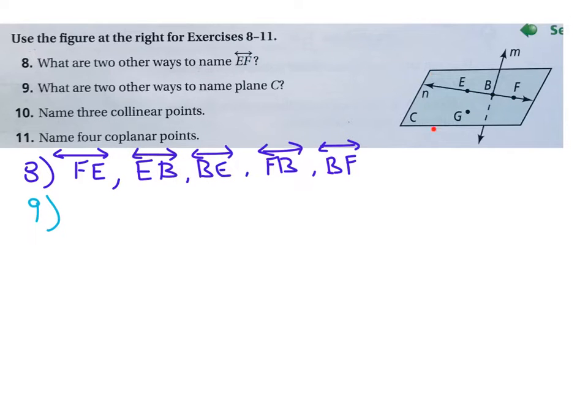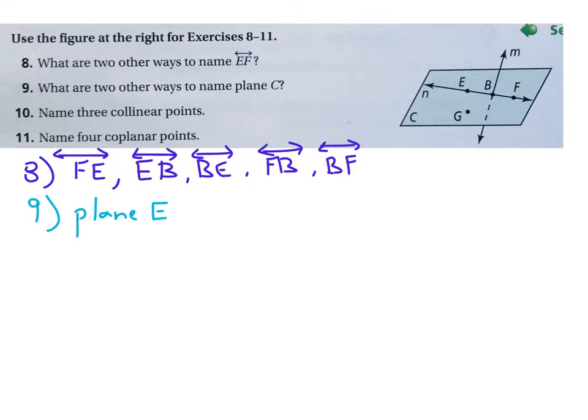Okay, but since it's just sitting on this boxed out plane, we can actually name it using any 3 unique points that are on the plane. There's no symbology for it, so you just say plane and then name 3 points on it.